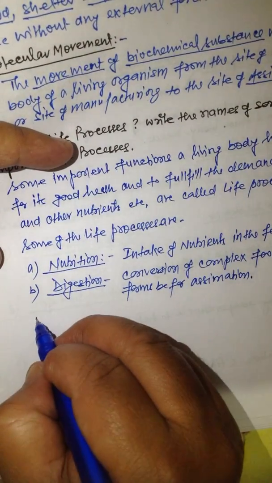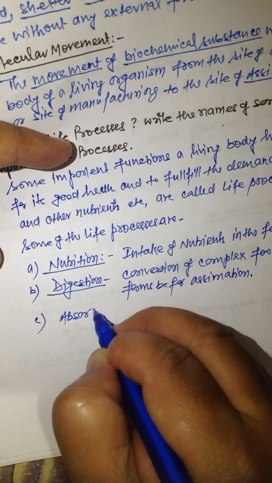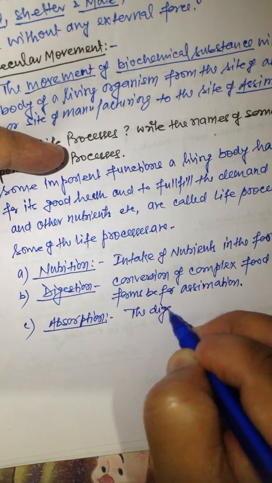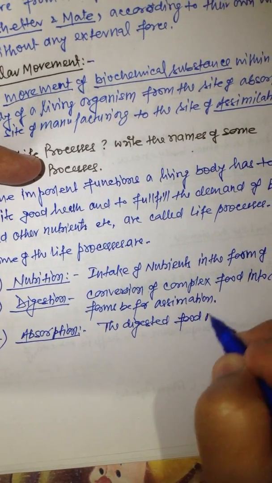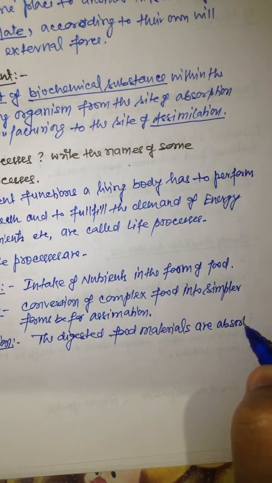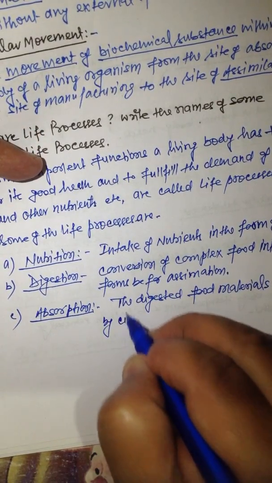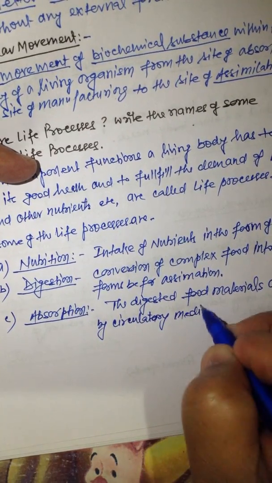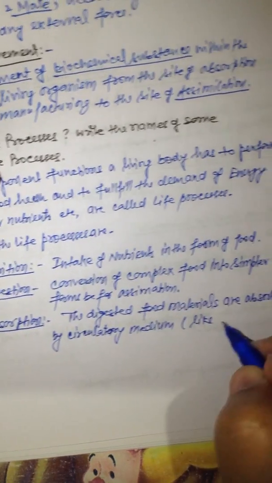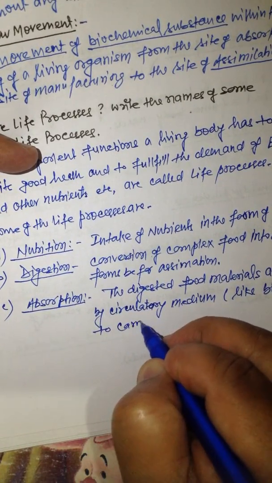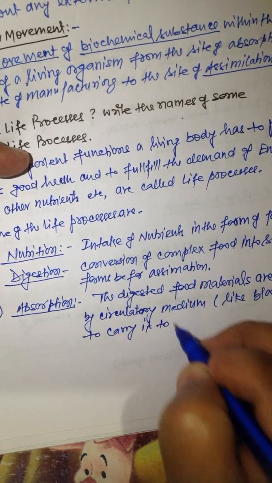This is called digestion. C, absorption: the digested food materials are absorbed by a circulatory medium, like blood in humans, to carry it to various body parts.